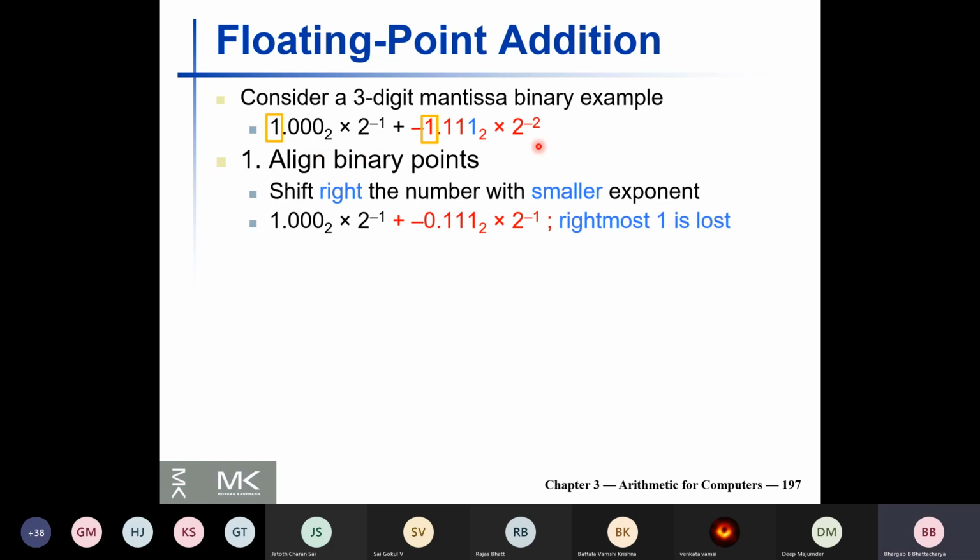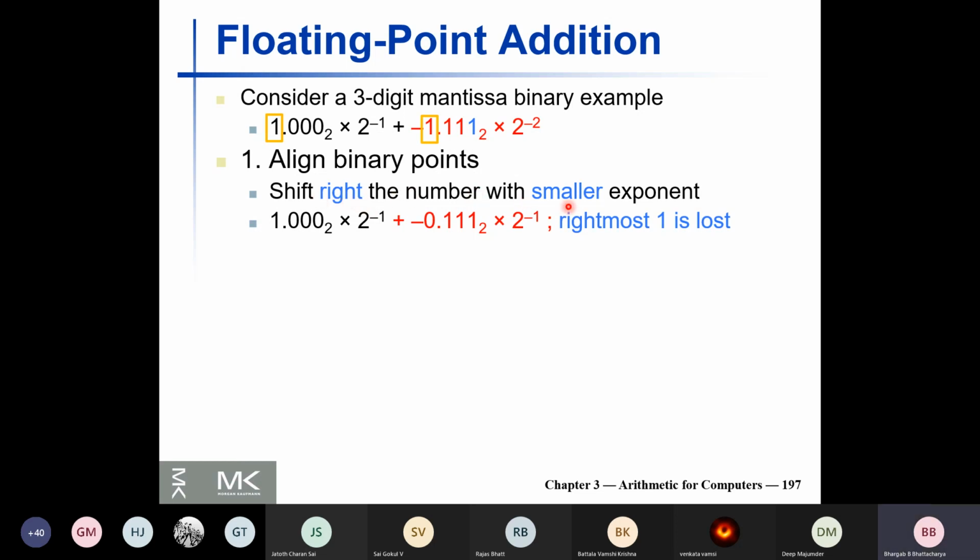So therefore, since this is the smaller exponent, I'm going to make it equal to this one. And in order to do that, since the exponent is being increased from -2 to -1, this number has to be reduced. That's why this binary point should be shifted here. In other words, the string should be shifted right 1 bit.